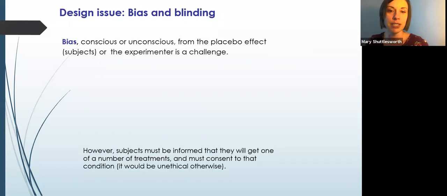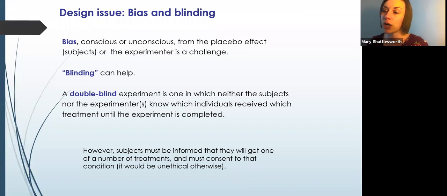All right, so let's talk about some additional issues in terms of design. So in designing an experiment, there are several things that we need to be mindful of to help maintain that integrity and the ability to draw cause and effect conclusions later on down the line. So one of the things that we want to do is control bias, right?